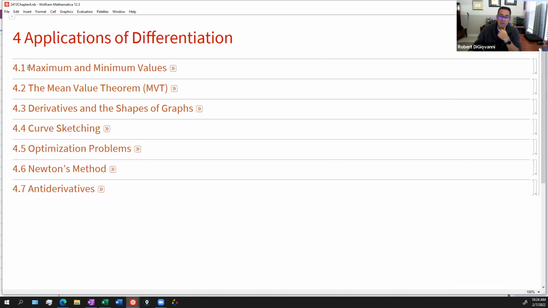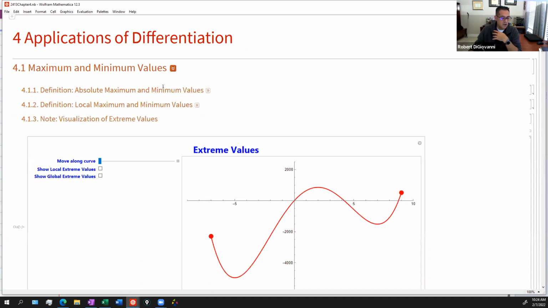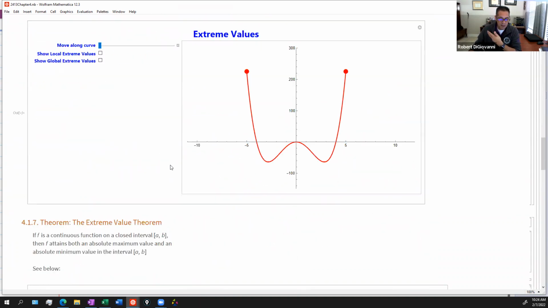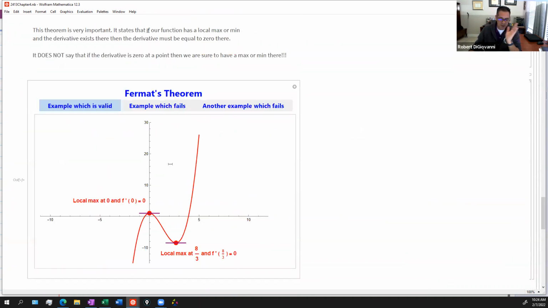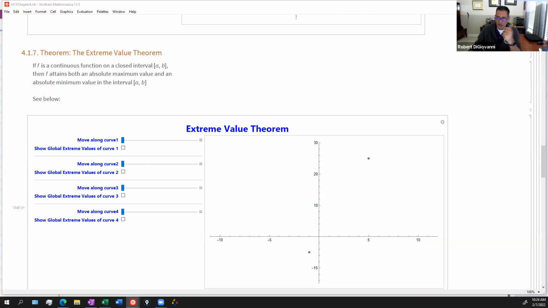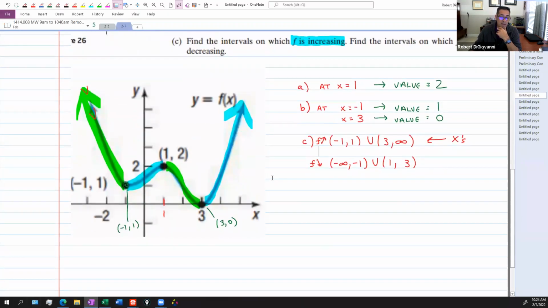Chapter 4, section 1 is where we start talking about maximums and minimums. In Cal 1, we start in chapter 1, then chapter 2, chapter 3, and then we finally get to chapter 4, where we start talking about how you can find these maximums and minimums. There's a whole set of things you have to learn before you get to it. It might seem easy, but it's very difficult in general to do.